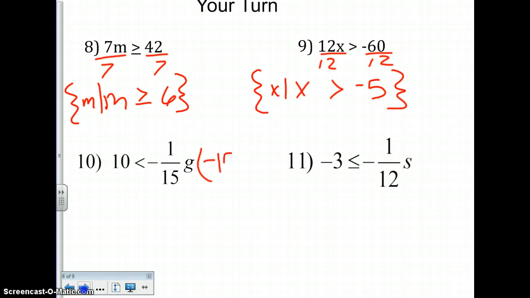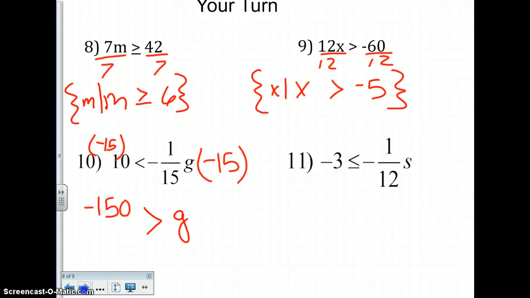Multiply by negative 15. In this case, I need to flip the inequality. We end up with negative 150 is greater than G. For graphing purposes, if I wanted to rewrite this, I could, and it would help us graph. Set builder notation: G such that G is less than negative 150.